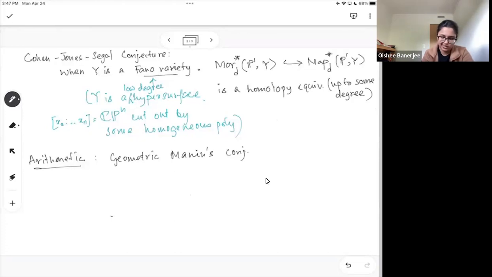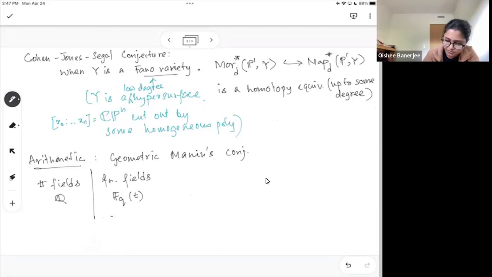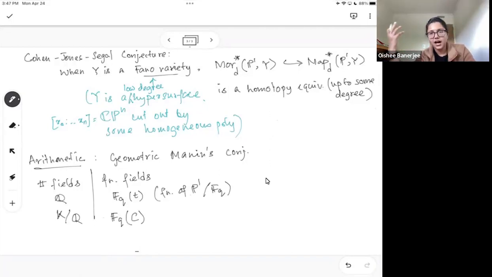Number theorists have this dichotomy between number fields and function fields, where the rational numbers on one hand can be replaced by the function field of P1 over a finite field, and number fields, which are finite extensions of the rational numbers, have as their counterpart, not exactly a Riemann surface, but the algebraic counterpart of it, which is a smooth projective curve, and you take its function field.